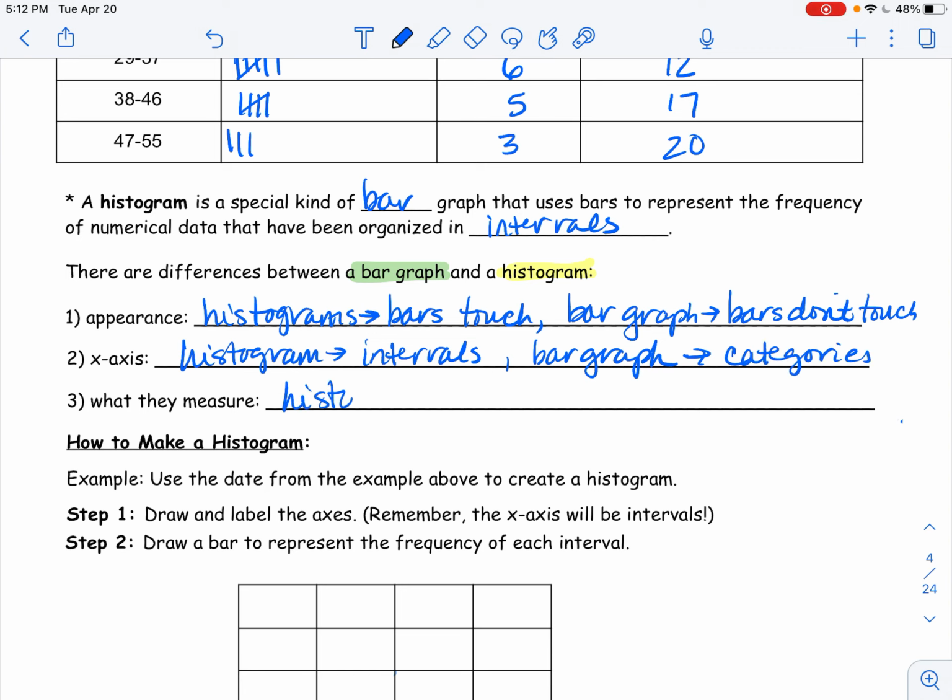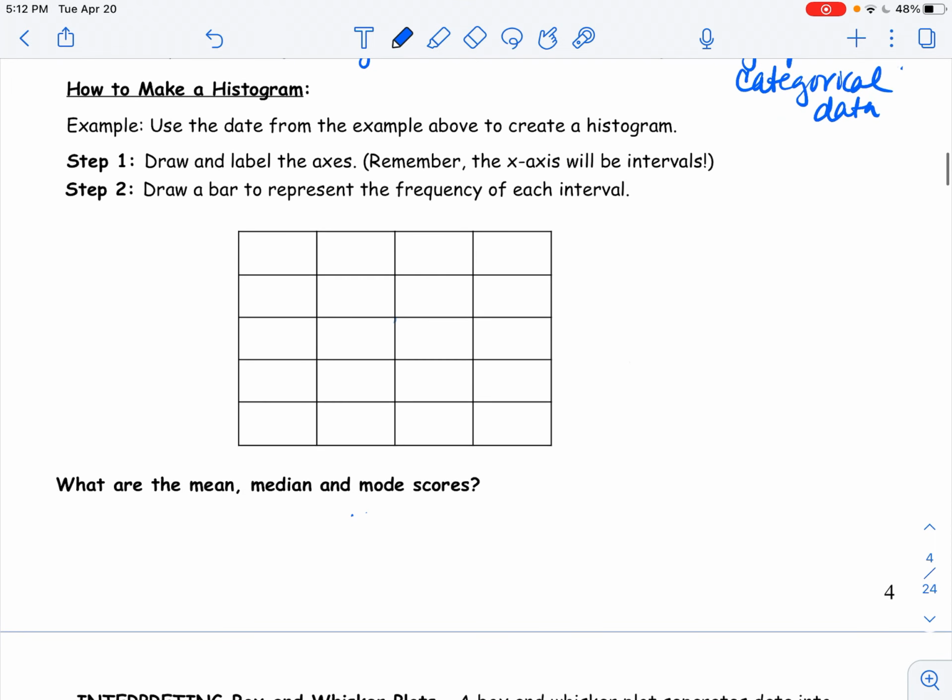What they measure: a histogram is for numeric data, and a bar graph, categorical. Let's make a histogram.